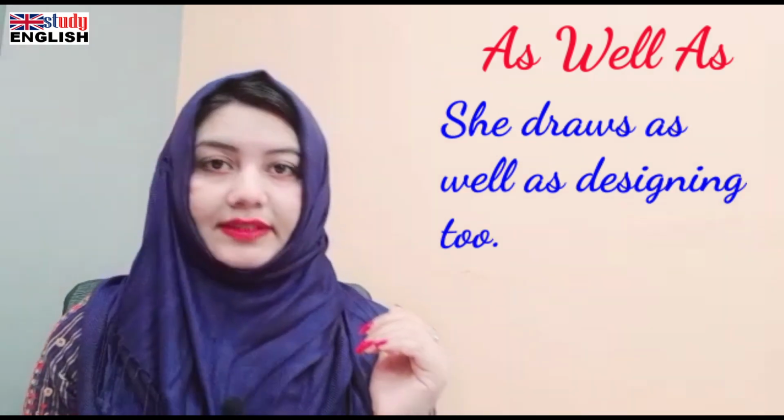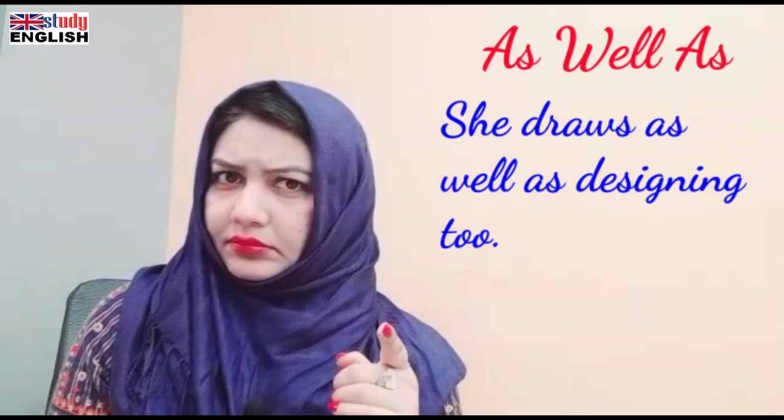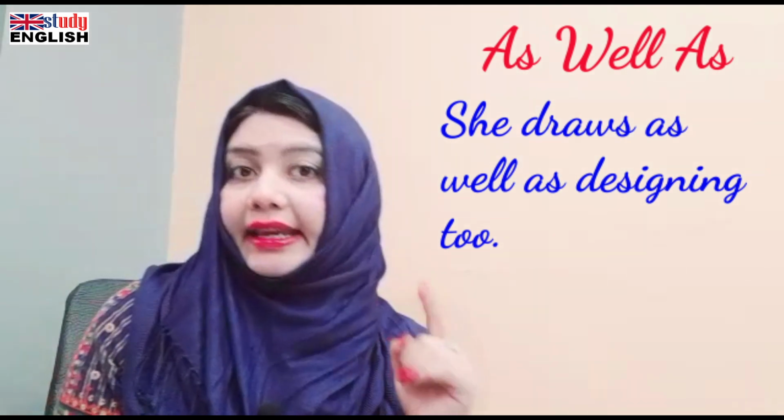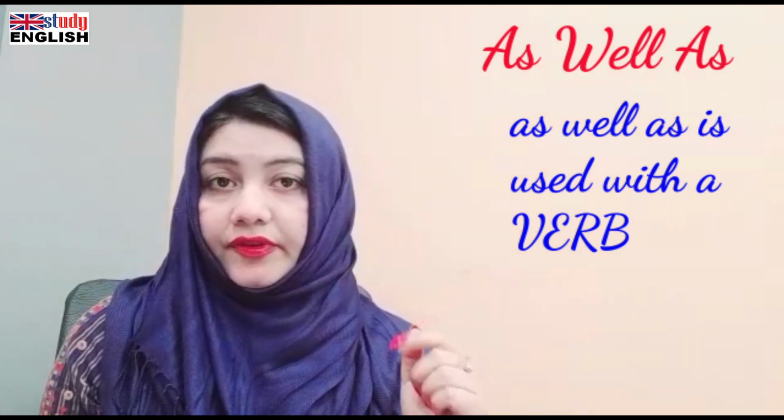She draws as well as designing too. Did you observe anything in this sentence? I said designing too. I didn't say design too. Why? In the above examples, I was using as well as with a noun, but here as well as is used with a verb.